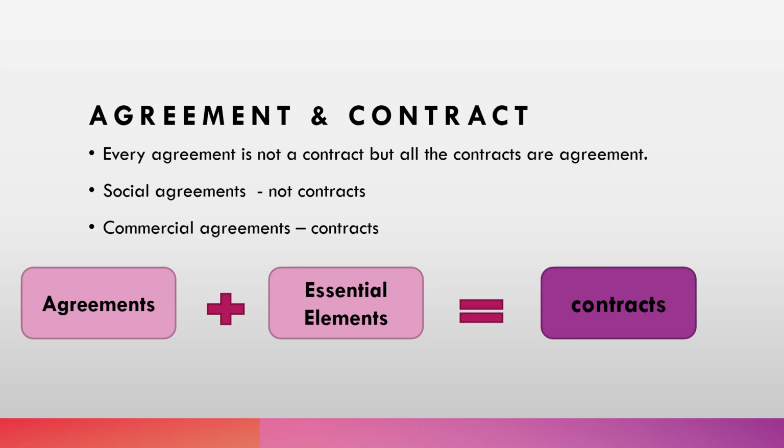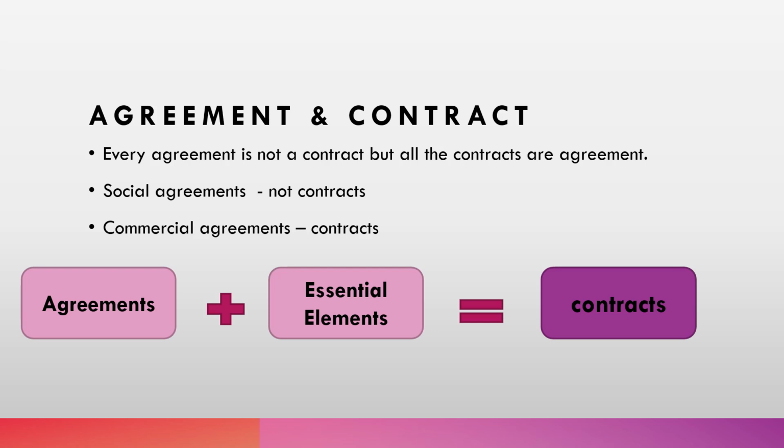But in commercial agreement, in businesses, there are contracts, which means there are legal activities included in the agreement: how much you are going to invest, how many people will be there in the company. If one person is not investing in the company, then what is the use of that agreement?